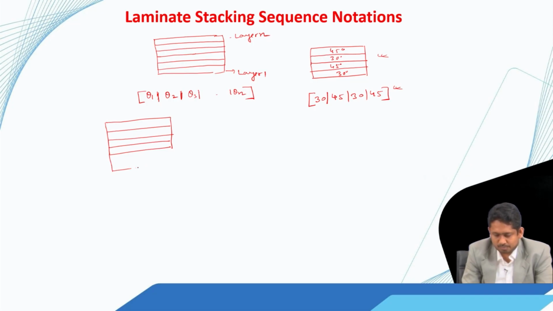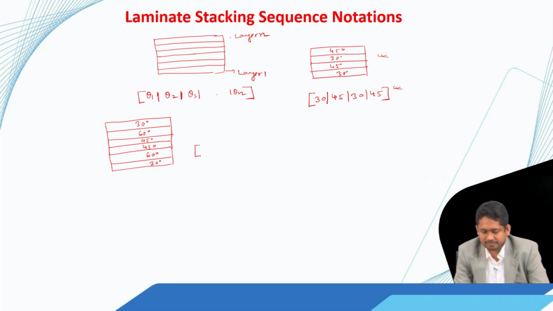Let us have some more layers. Let us suppose that the sequencing is 30 degree, 60 degree, 45 degree, 45 degree, 60 degree and 30 degree.